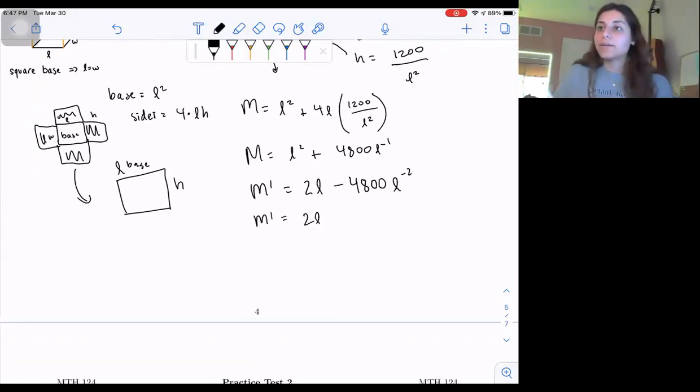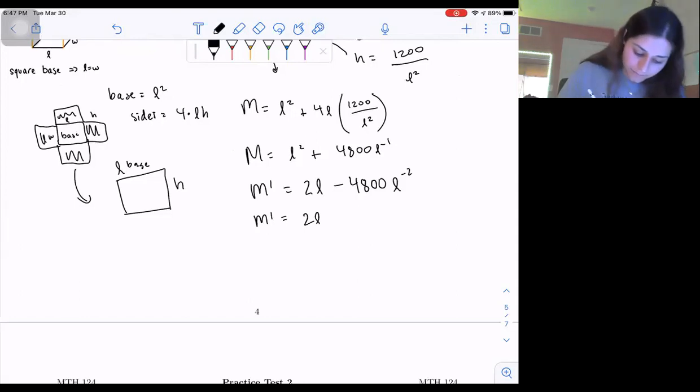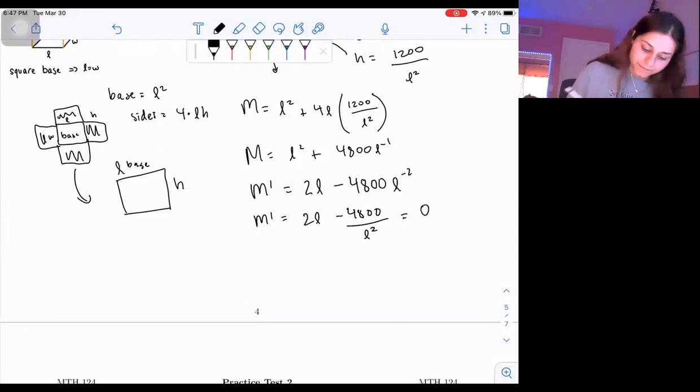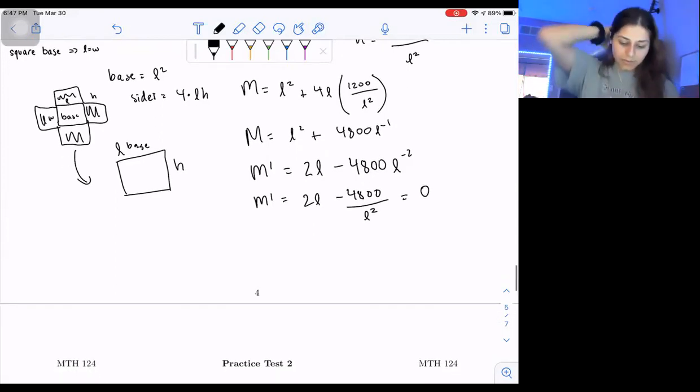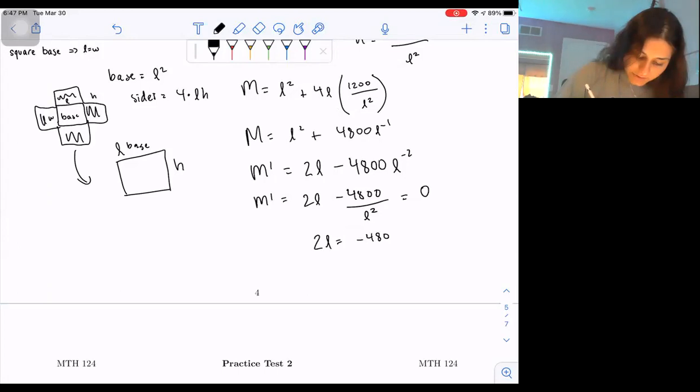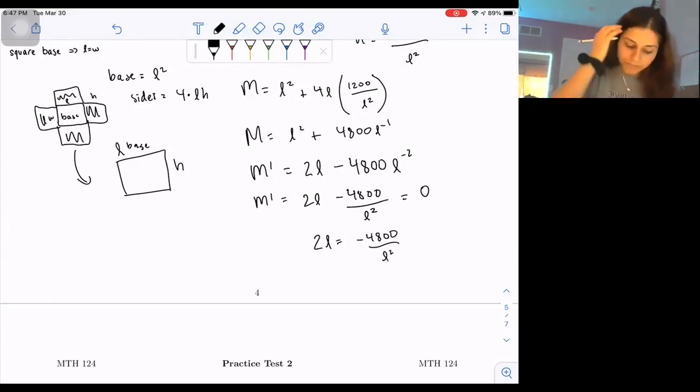All right, so now I can set that equal to 0, and I can actually rewrite it too, and bring that L squared back into the denominator. So I only moved it into the numerator to make it easier to take the derivative of it. Now I can set that equal to 0, and then I would move that 4,800 over L squared to the right. So I'll have 2L equals negative 4,800 over L squared. And then I would multiply both sides by L squared.